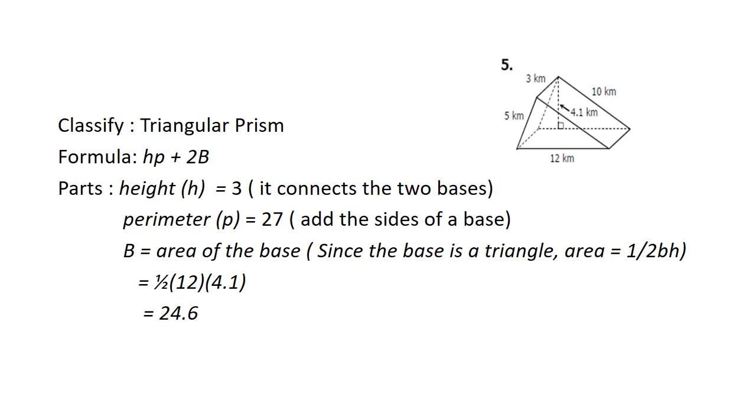So the area for a triangle is 1/2 base times height. So for this particular shape, I'm going to use 1/2 12. And then the height of the triangle is going to be 4.1. Notice that the segment that's labeled 4.1 is perpendicular to the 12. That's the reason that that is the height in that particular triangle.